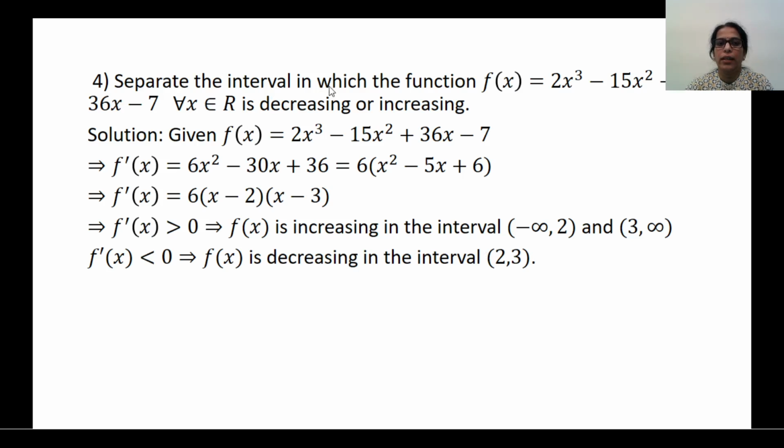Separate the intervals in which the function f of x equal to 2x cube minus 15x square plus 36x minus 7 for all x belongs to R is decreasing or increasing. Consider the function, differentiate with respect to x.